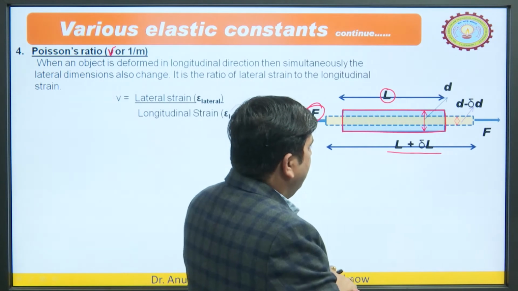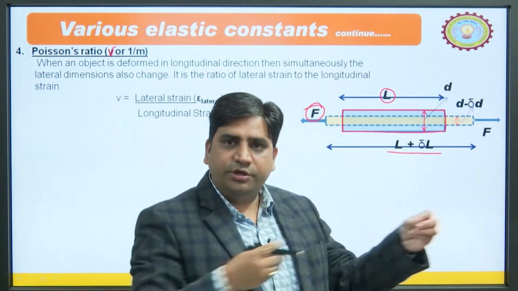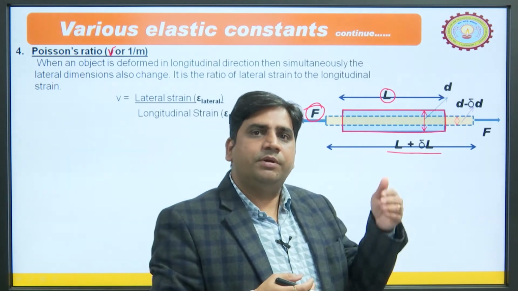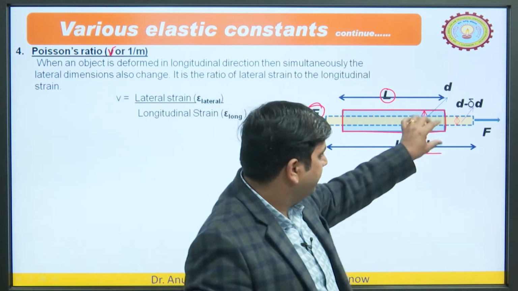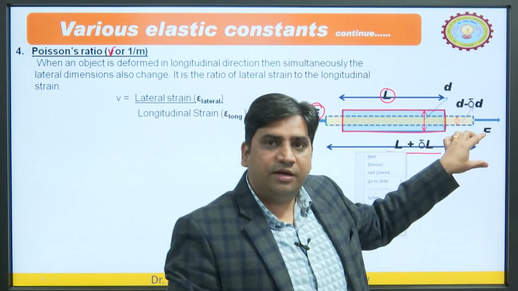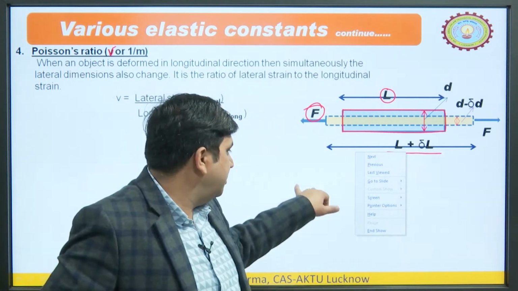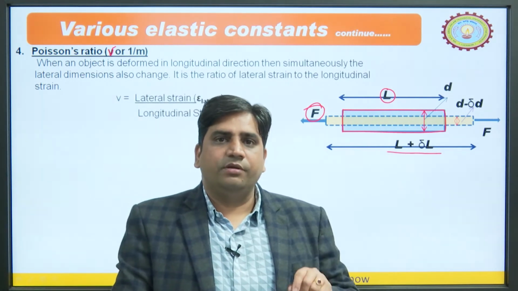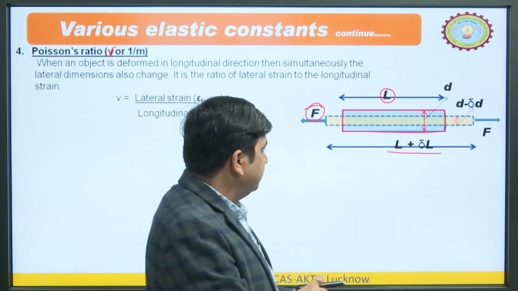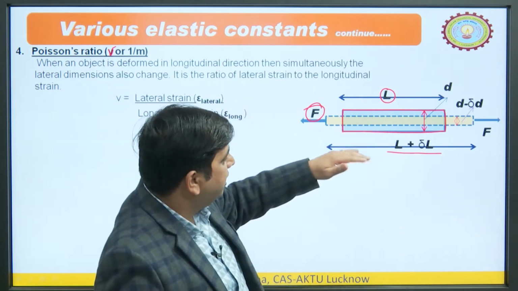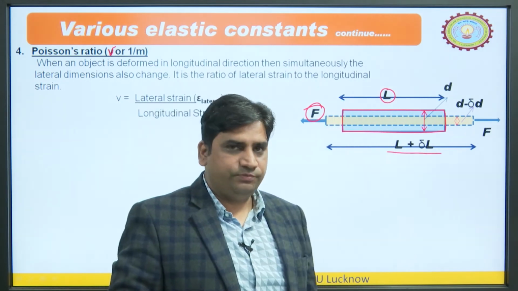The dimension along the length is known as the longitudinal dimension, and the dimension which is perpendicular to the axis of this cylinder is the lateral dimension. Simultaneously we are seeing changes in the 2 dimensions, one lateral and another longitudinal. The relation between these 2 strains is the Poisson's ratio.